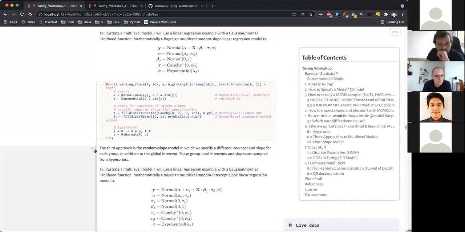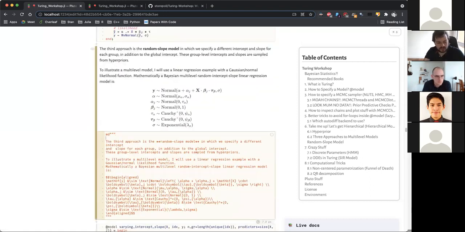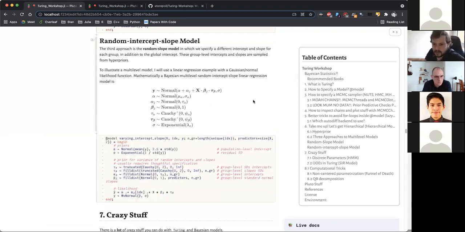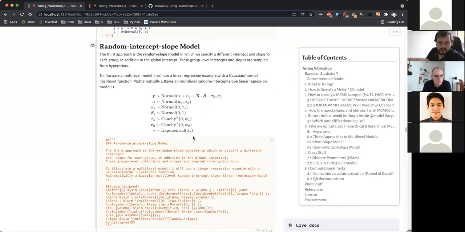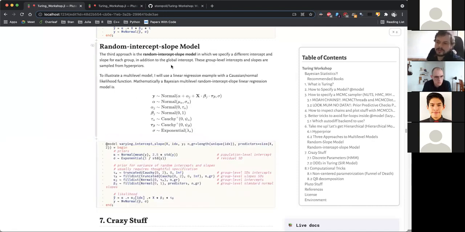And I'm missing something here. So this is how I would code the random intercept-slope model.